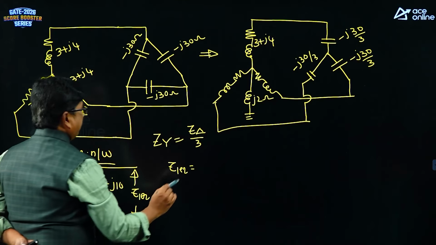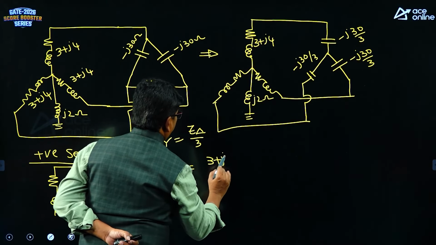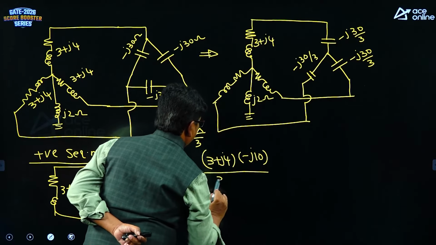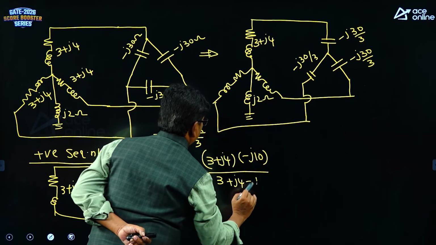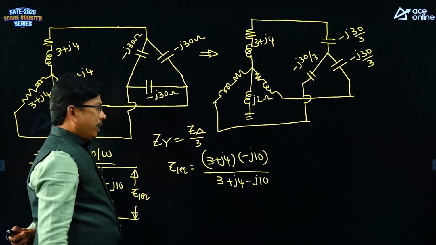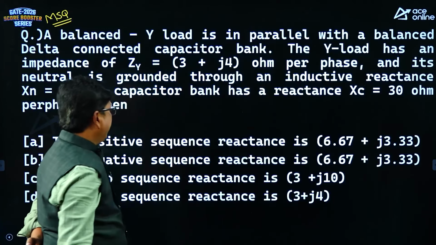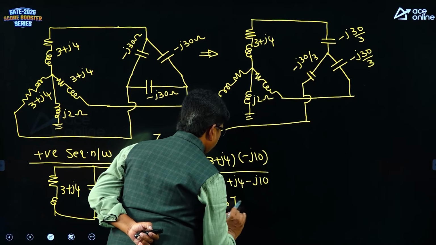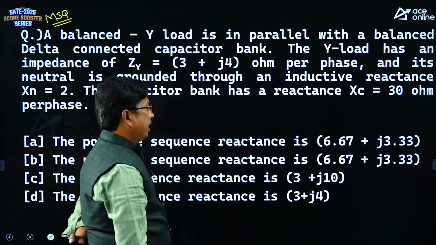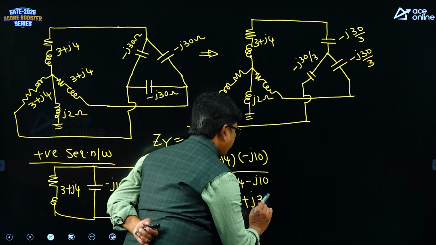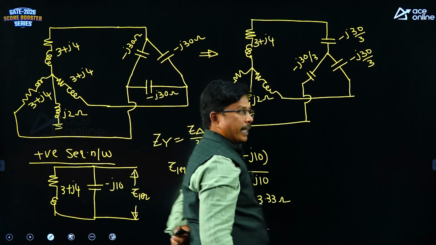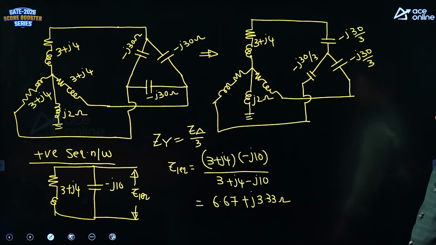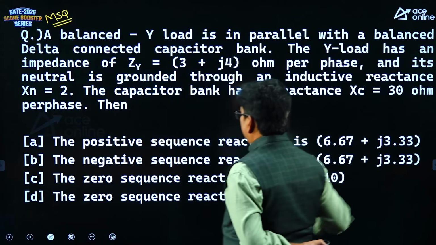It is 3 plus J4 into minus J10 divided by 3 plus J4 minus J10. If you calculate this value, we are getting 6.67 plus J3.33. That's what we are going to get. So the positive sequence impedance value is correct.